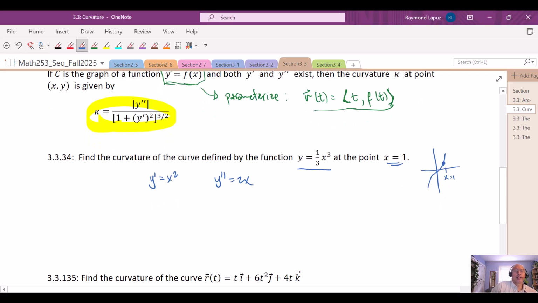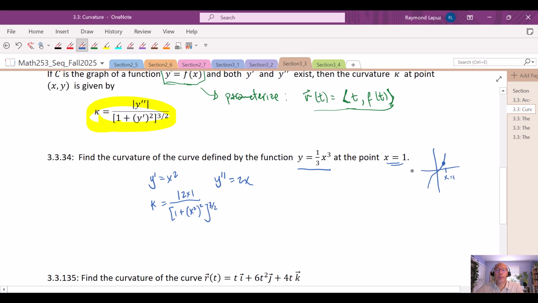Now we'll use kappa is equal to the magnitude of 2x divided by 1 plus the derivative, which is x squared, squared, all raised to the 3/2 power.